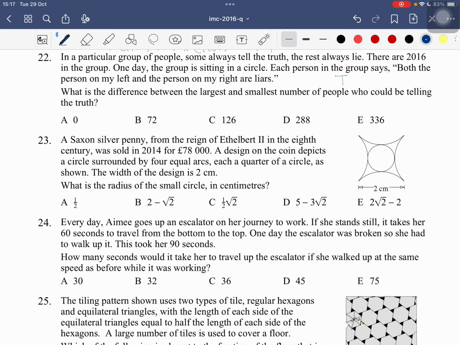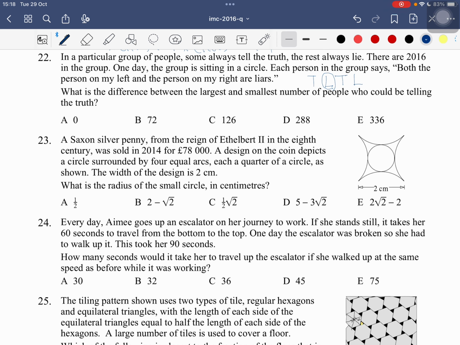And this person says both people are liars. So this is true, both liars. And this liar is telling also the same thing. Both people are liars. But this is lying, so this should be truth and truth.